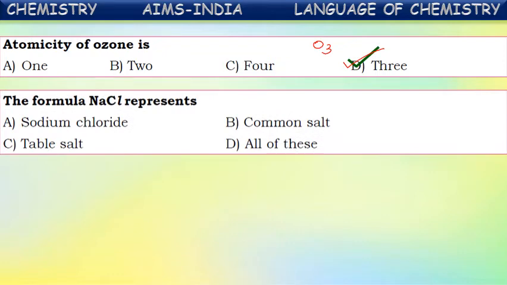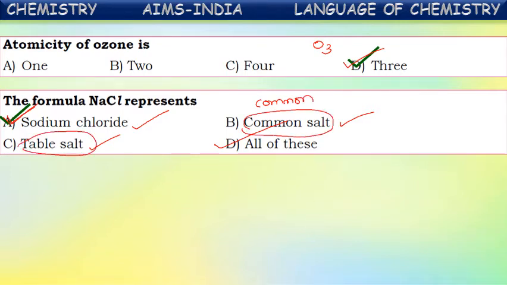Now, the formula of NaCl represents all of these. The formula of NaCl represents sodium chloride, which is also known as common salt, and also known as table salt. So our answer is that all of these are correct regarding sodium chloride. The formula represents sodium chloride; if he asks for the common name, then that is called common salt or table salt.